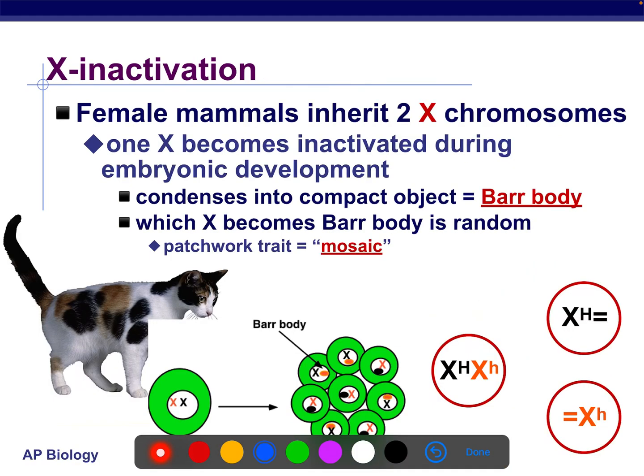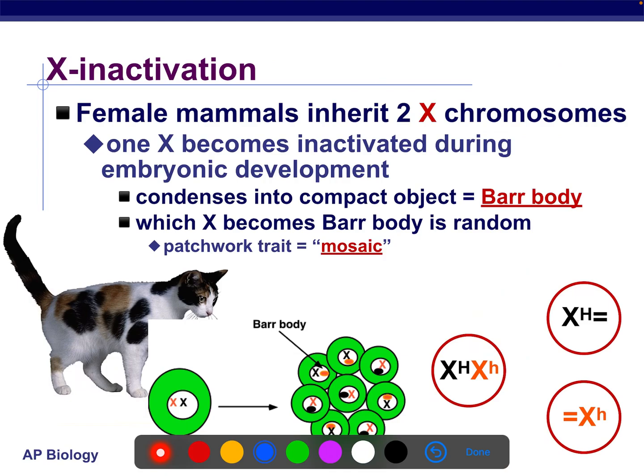X inactivation is the way that females are able to silence one of their X chromosomes so that they're not seeing too much expression of proteins from having that double dosage of the X. And so one X is going to become inactivated during embryonic development. And this is random.